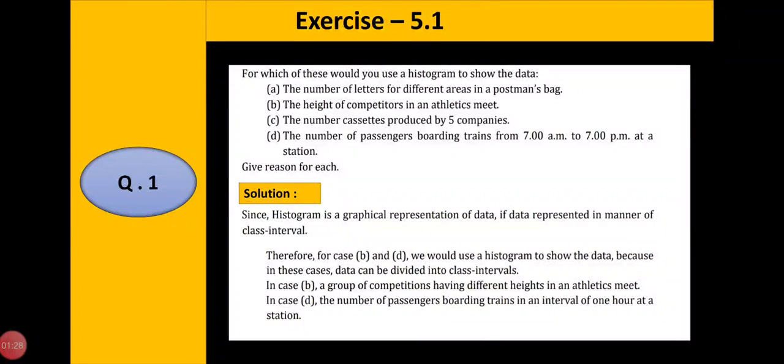In case B, a group of competitors having different heights in an athletic meet, and in case D, the number of passengers boarding trains in an interval of 1 hour at a station. In these two events we can make groups or class intervals, therefore we can show them graphically with the help of a histogram. Next, question number 2.